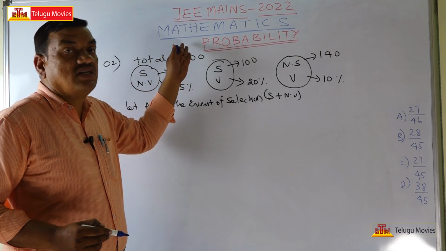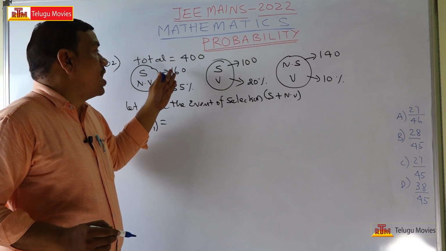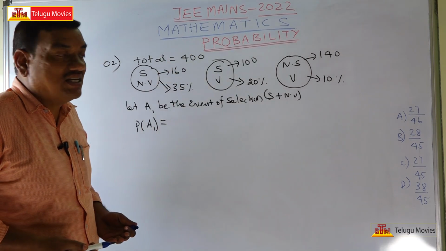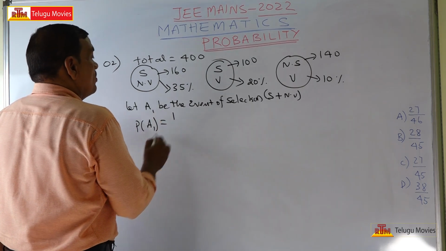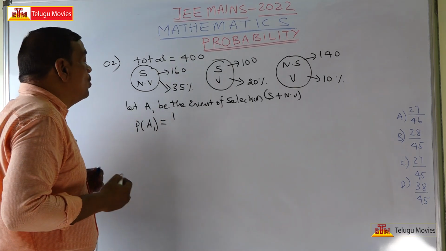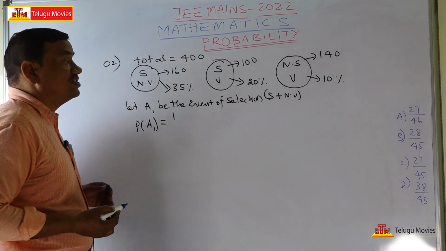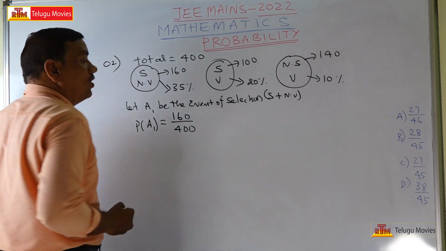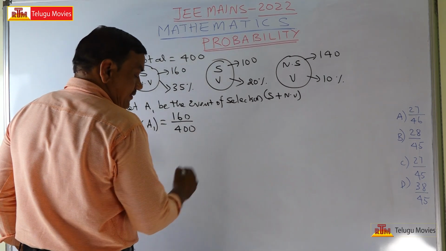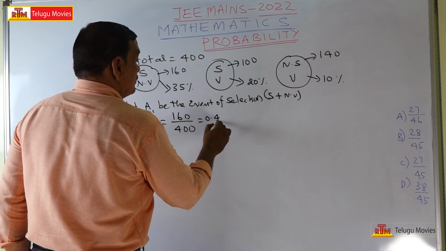Total how many members are there? 400 members. Out of that 400, 160 members are smokers and non-vegetarians. So the probability of selecting a person who is a smoker and a non-vegetarian is 160 by 400. This is given by 0.4.